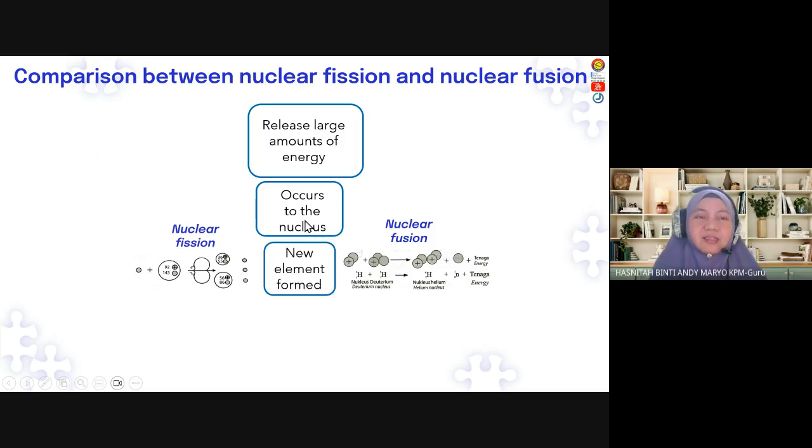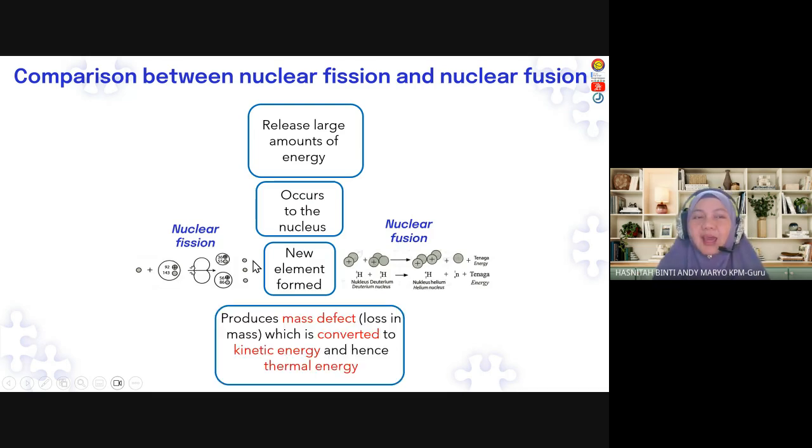And the third similarity, in both processes, a new element is formed. For nuclear fission, it forms two or three lighter elements. Okay, for nuclear fusion, it forms one heavier element. Okay, and both processes also produce mass defect. What is mass defect? Mass defect is the loss in mass during the process.